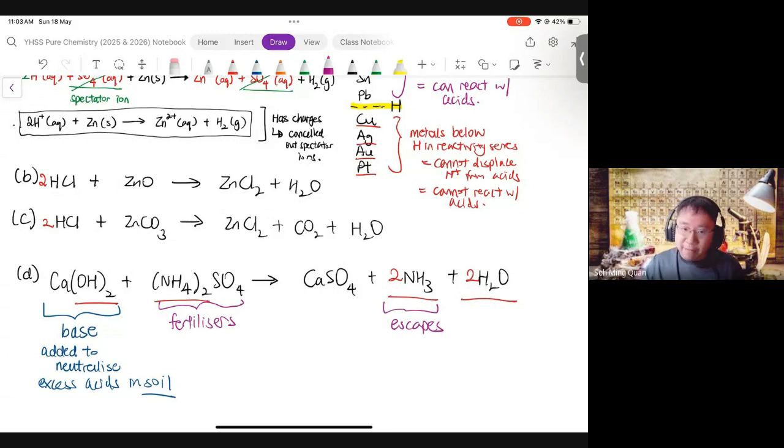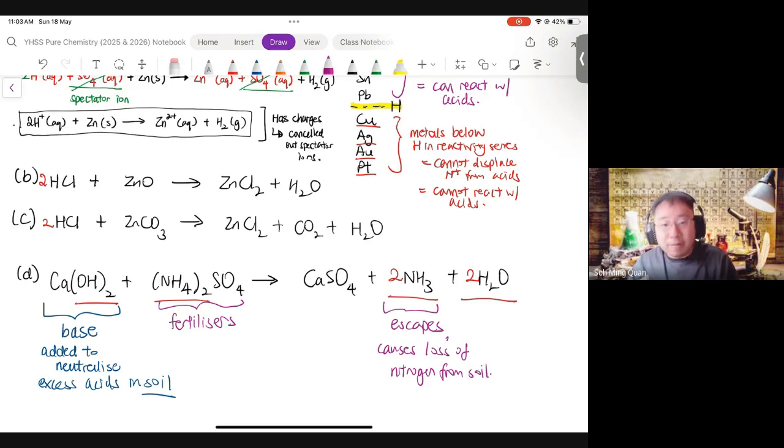The gas will escape from the soil, obviously, and this causes a loss of nitrogen from the soil, which depletes the nutrients available in the soil for the plants to grow. So please don't add ammonium fertilizers at the same time as calcium hydroxide.